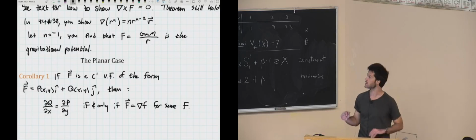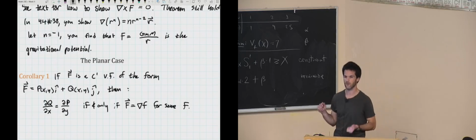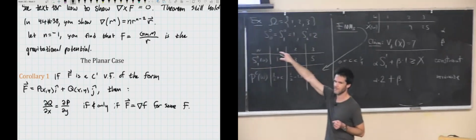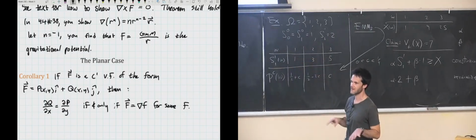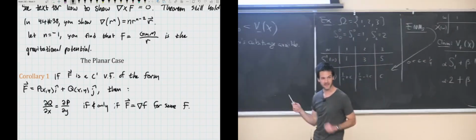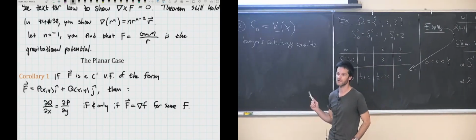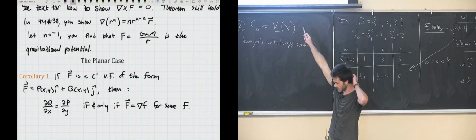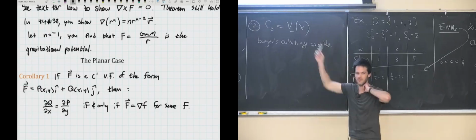Any questions on the corollary? So one distinction between the corollary and the three-dimensional theorem is we no longer have this thing about allowing F to be discontinuous at a finite number of points. Because, and this speaks to something interesting and very non-trivial in mathematics, you can find counterexamples of functions that are discontinuous at one point and for which the theorem fails.